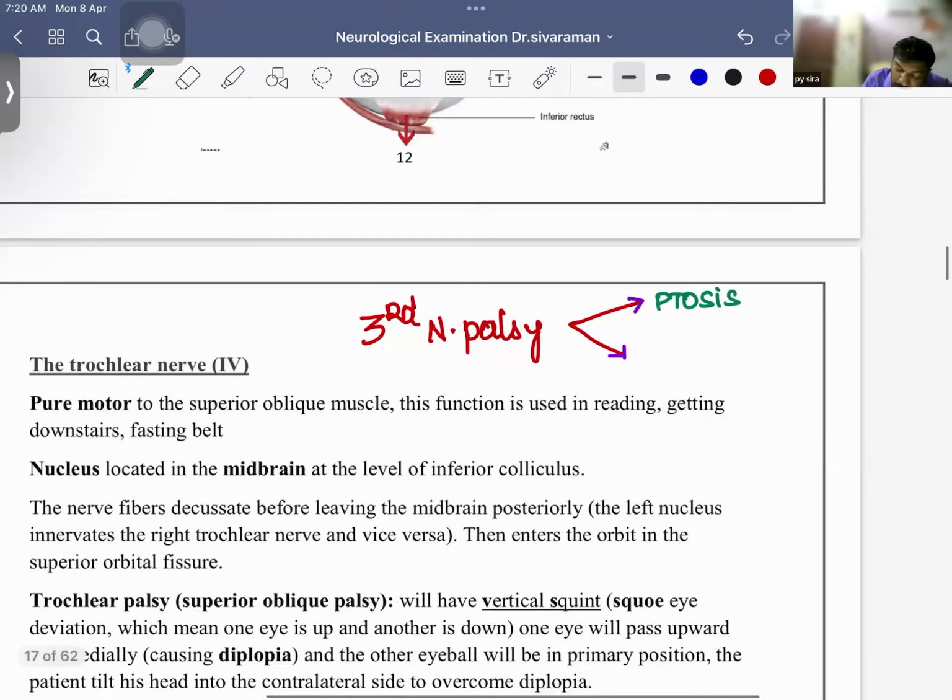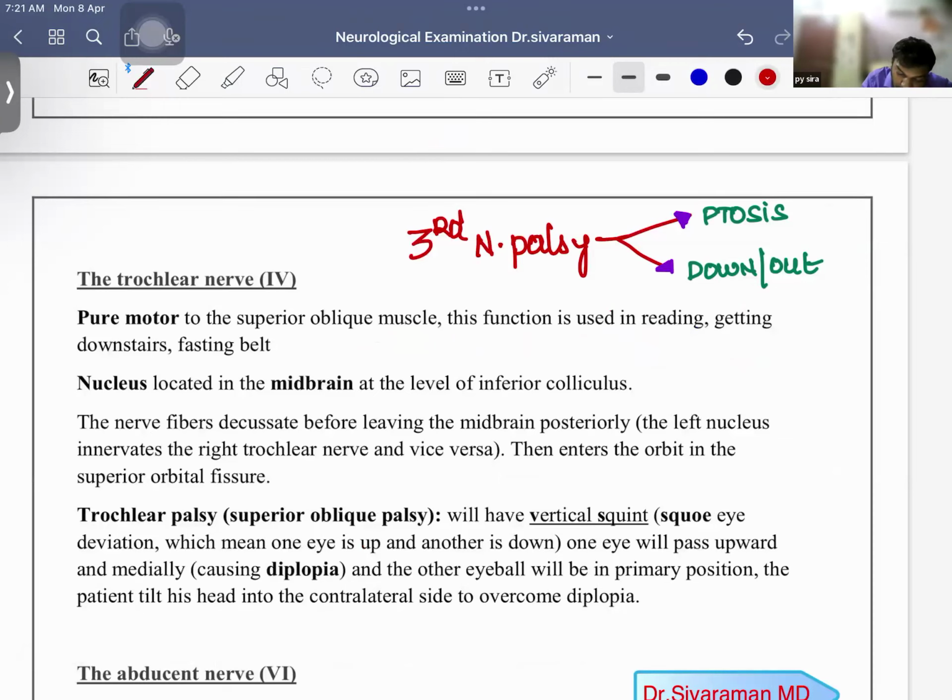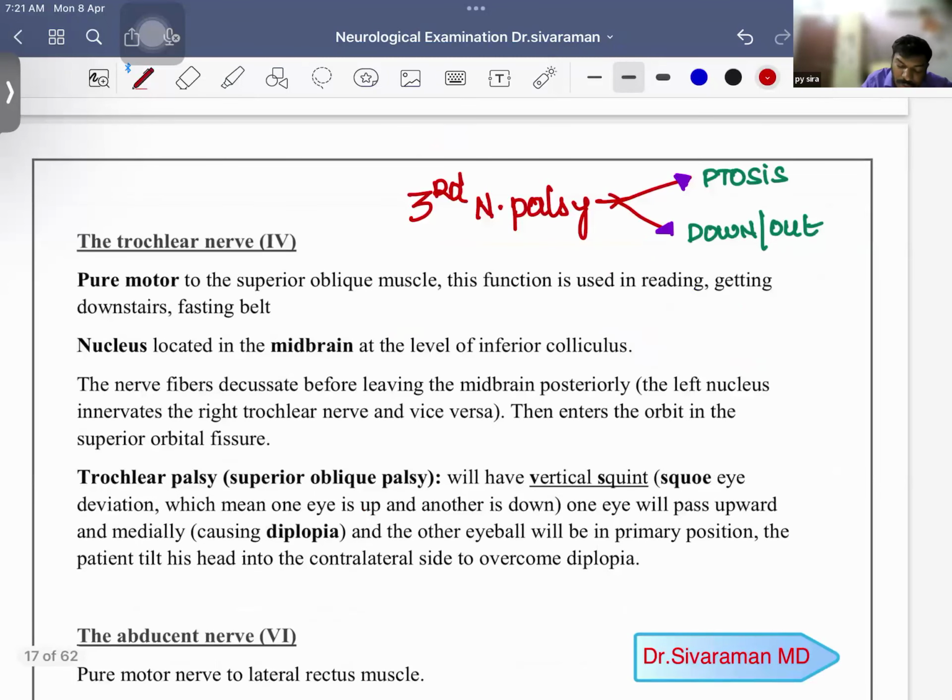The second one is the eye: because of the third nerve palsy, the eye will be deviated down and out. So you're going to get a down and out eye. Because of ptosis, the patient is going to have a down and out eye. Ptosis, down and out eye. This is very important in third nerve palsy.